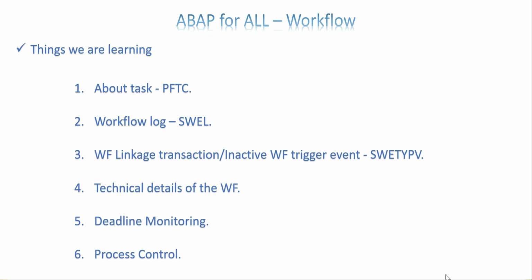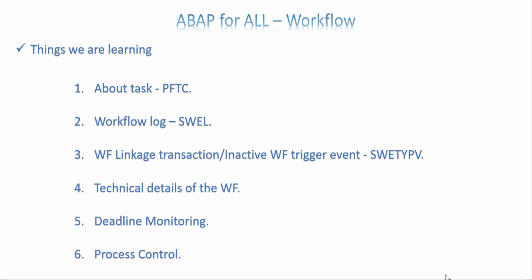To get the technical information from the workflow, we go through the page in the workflow log and see where there is an option to find the workflow name and the task name. That is how to find the technical details of the workflow.